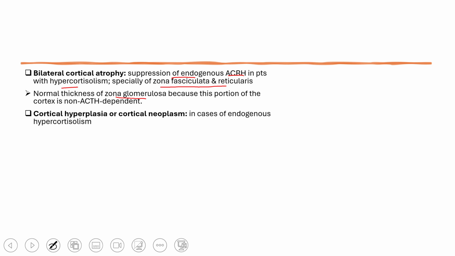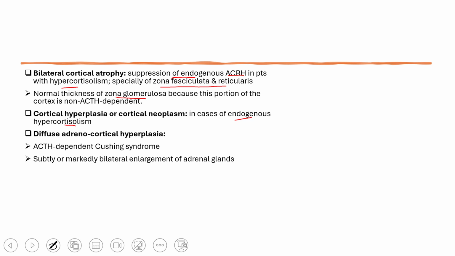And cortical hyperplasia occurs in endogenous hypercortisolism, that is ACTH dependent, especially in pituitary adenoma that produces excessive ACTH, and also in the paraneoplastic syndrome in association with Cushing syndrome. Diffuse adrenocortical hyperplasia can be seen in ACTH-dependent Cushing syndromes, and markedly bilateral enlargement of adrenal glands can be appreciated.